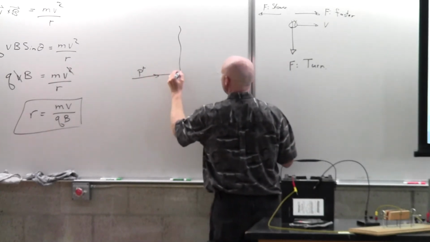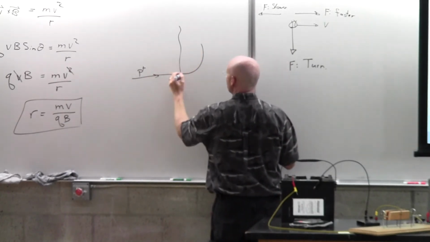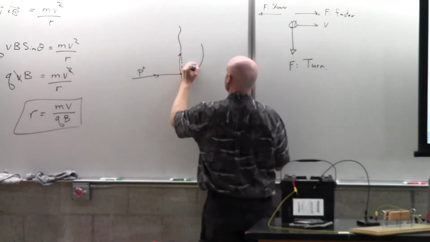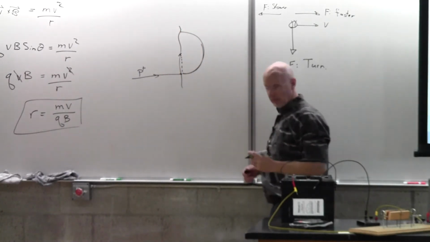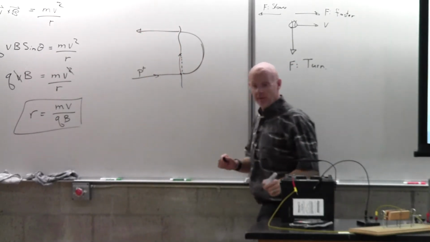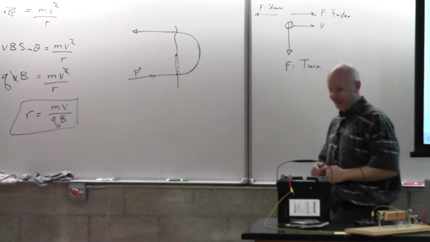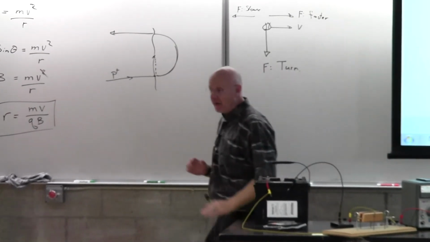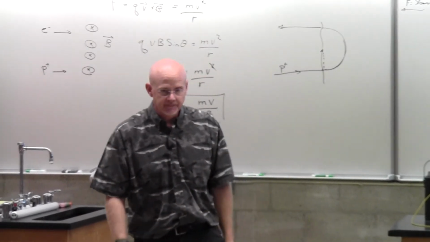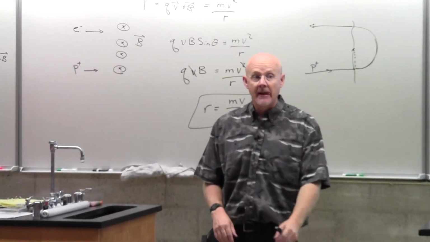Once it hit here, it would make a circle, a semicircle, and then it would exit back, and we would reverse its direction. We're going to do that here in just a second. But the idea here is we can now control charged particles with magnetic fields. That's the lesson here.